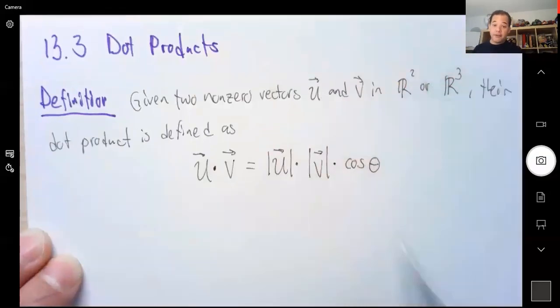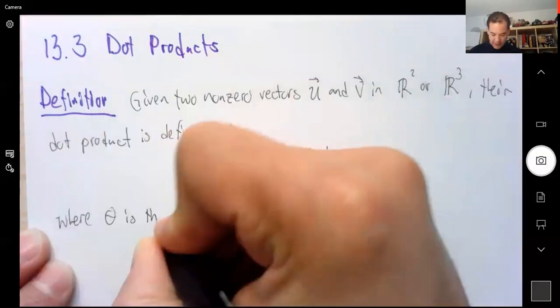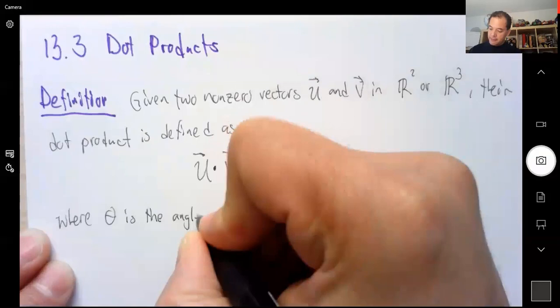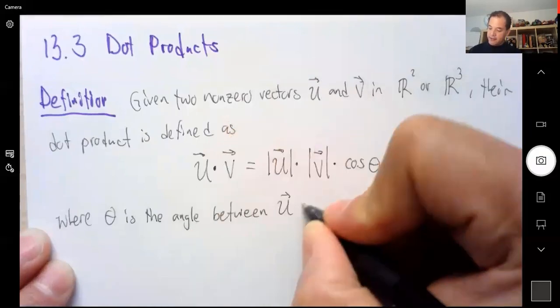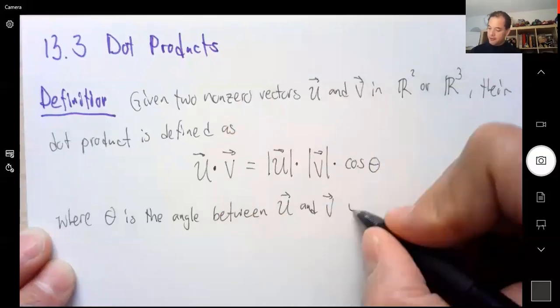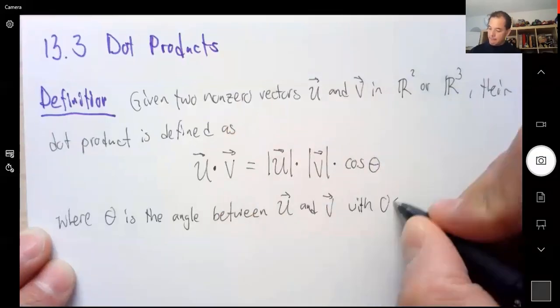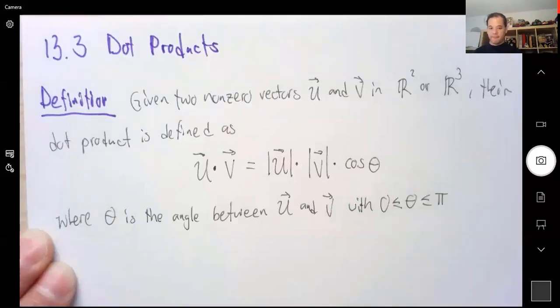And I need to tell you what this theta is, where theta is the angle between u and v, measured between 0 and 180 degrees, between 0 and pi.